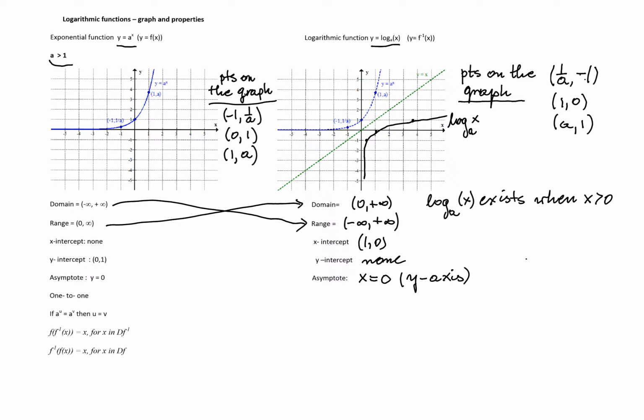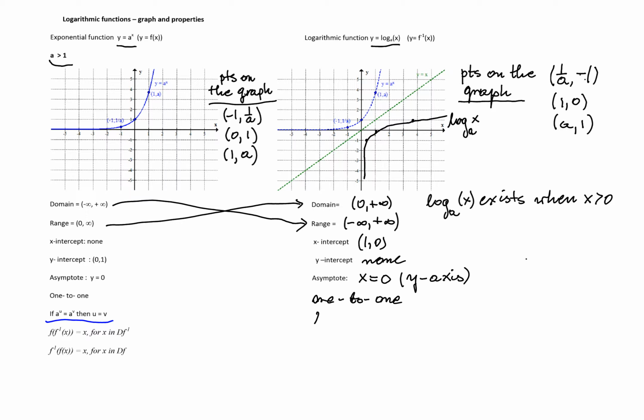The other properties of the logarithmic function are similar to the properties of exponential functions. This is a one-to-one function. It passes the horizontal line test, and therefore it has an inverse, and the inverse of the logarithmic function is an exponential function. Also, because it's one-to-one, we can write a similar statement as for exponential functions. For exponential functions, we could say that if two exponentials with the same base are equal, then their powers are equal.